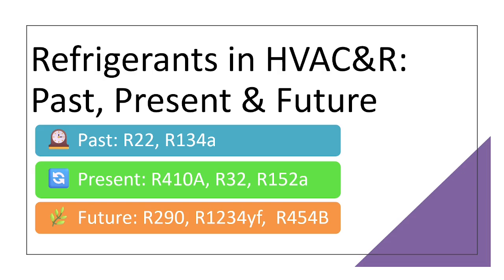In 2025, we expect more adoption of A2L classified refrigerants like R1234YF and R454B for their balance of performance and lower environmental impact. So next we will see how these stack up in simulations.